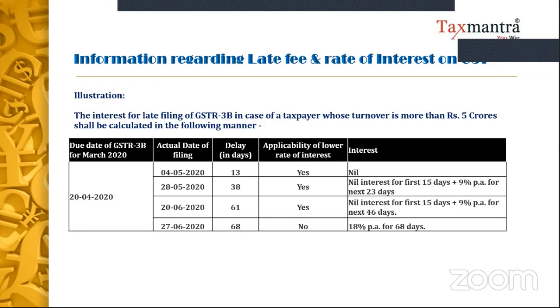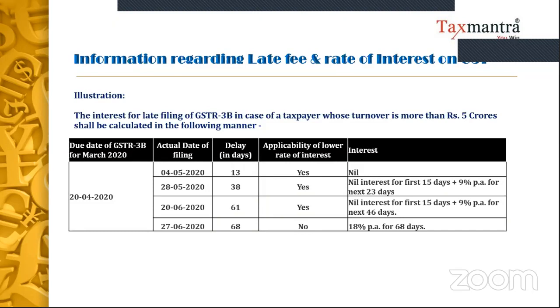In case two, if such a taxpayer files the GSTR-3B on 28th of May, the total delay days comes to 38, and the interest will be calculated. For the first 15 days there will be no interest, and 9% interest for the next 23 days.